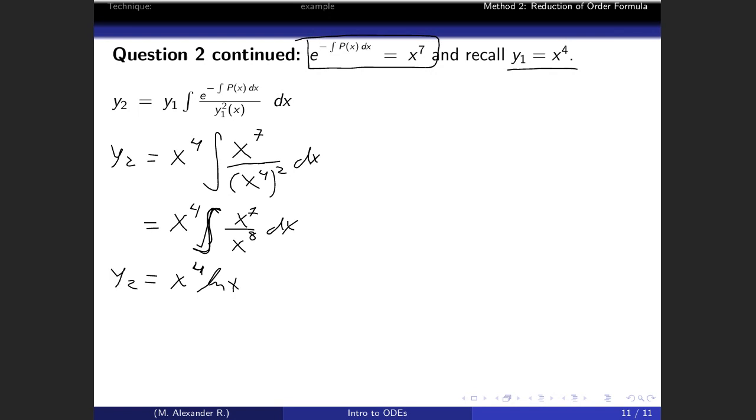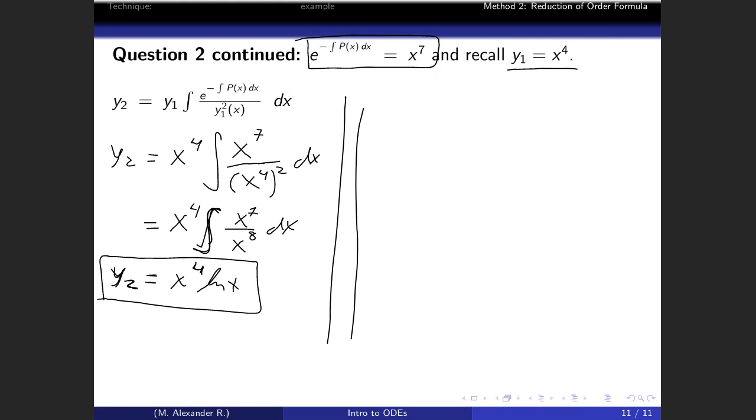Were we looking for the y2 function? In a way, yes. The original question is asking you to find the general solution. So you have to make sure you know the terminology. The y2 is the second solution to the differential equation. And so now, in order to answer the question about the general solution, we are going to make the linear combination of y1 and y2 with c1 and c2.